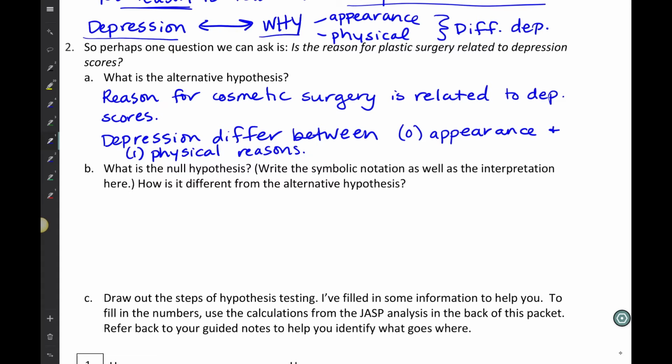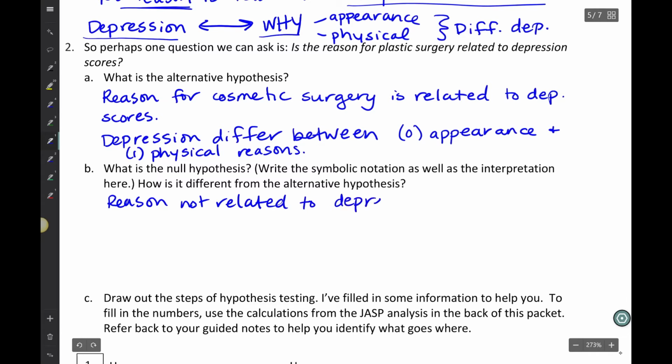Well, the null hypothesis we would expect, so we would say reason not related to depression. And if the reason is not related to depression, then we would expect the depression scores to be essentially the same between the people in the appearance group and the people in the physical group.